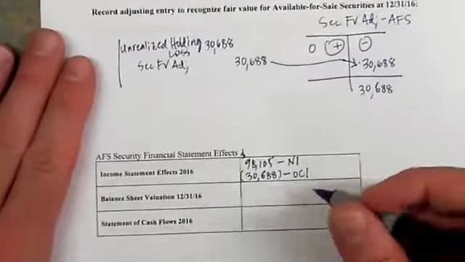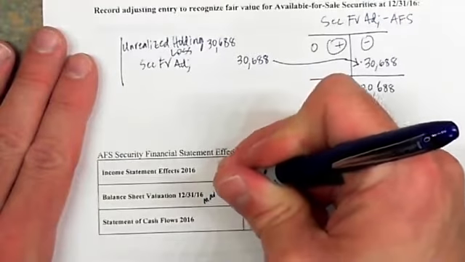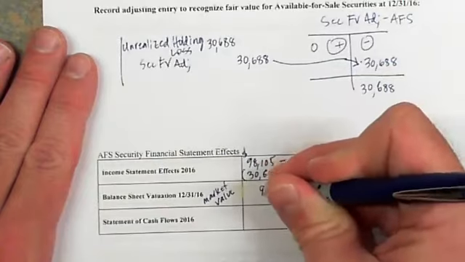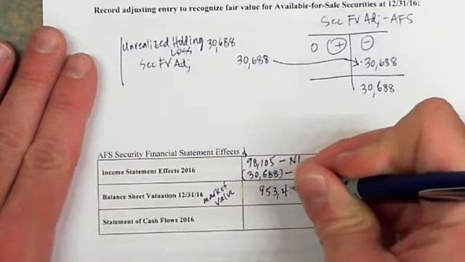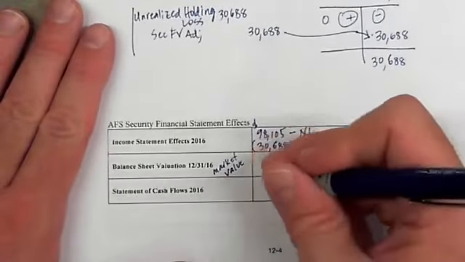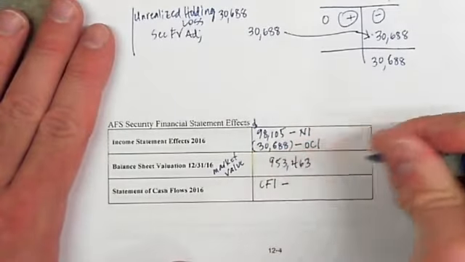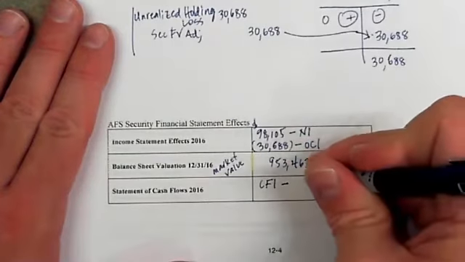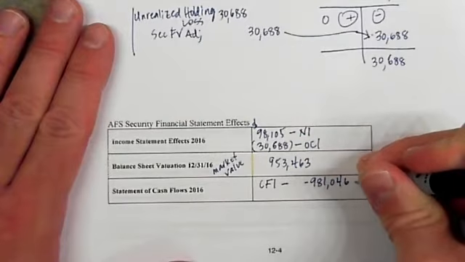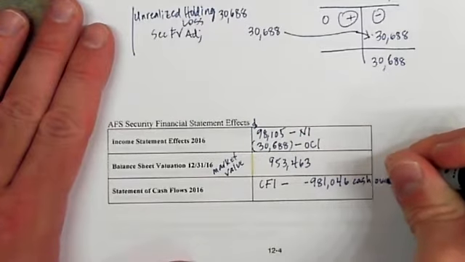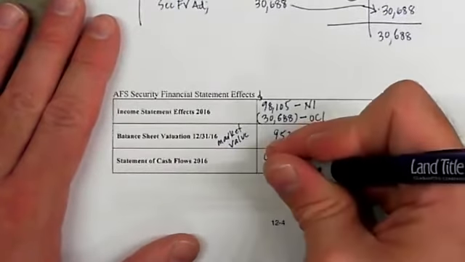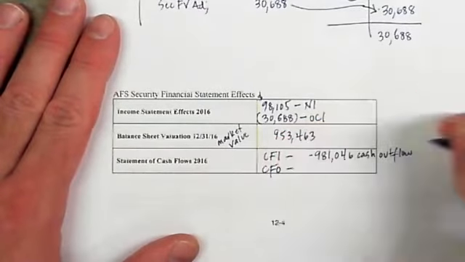The balance sheet will be whatever the market value is at that date. And the statement of cash flows will represent the fact that we purchased a security for $981,046, cash outflow. And then we would have to worry about the discount that we amortized.